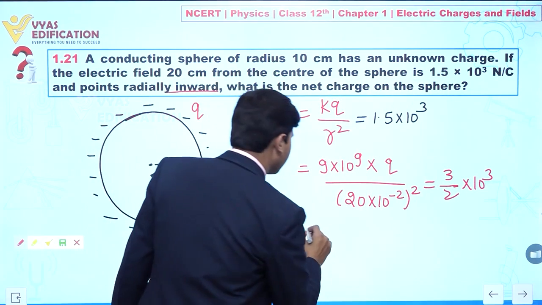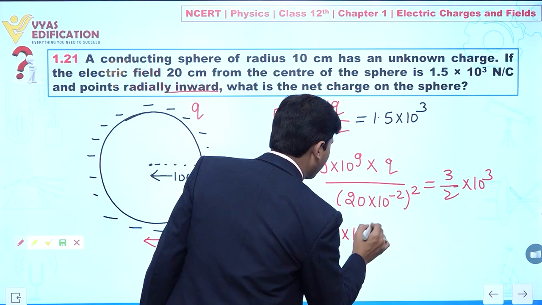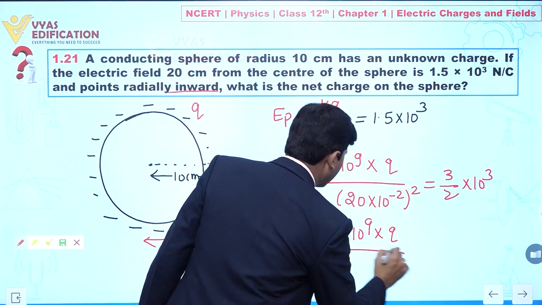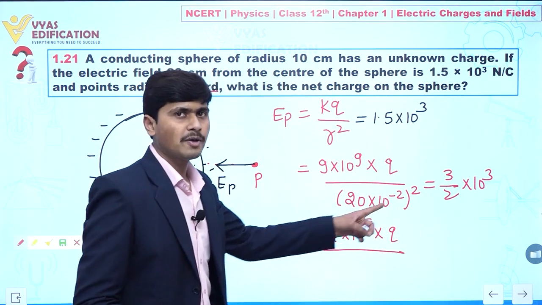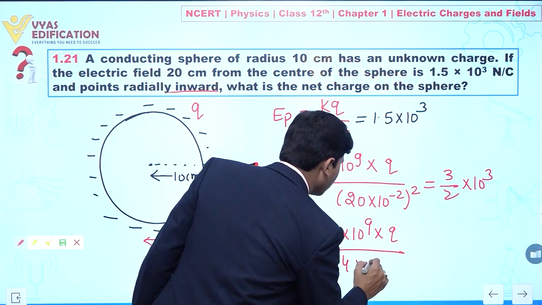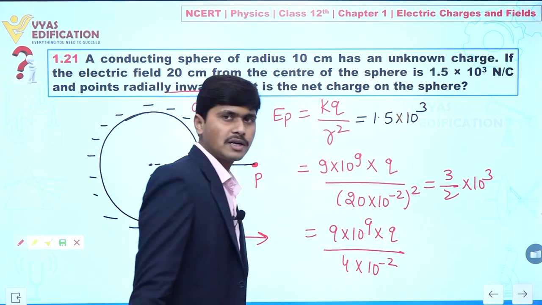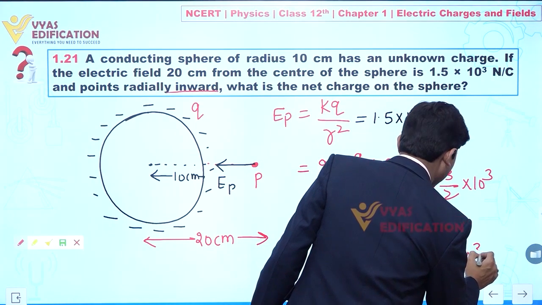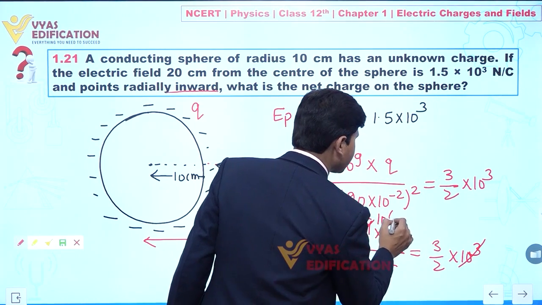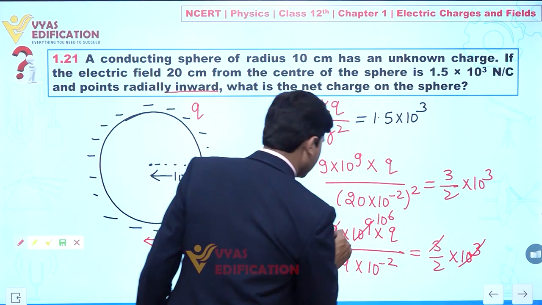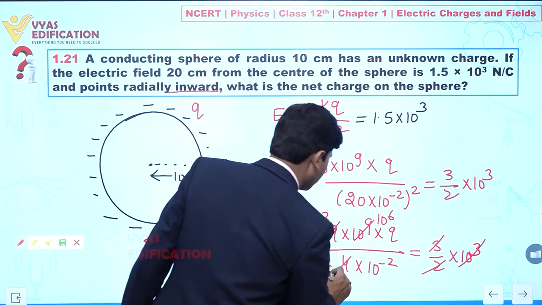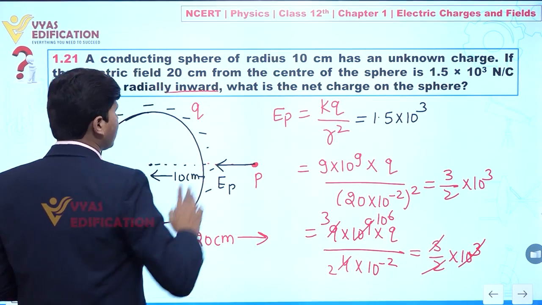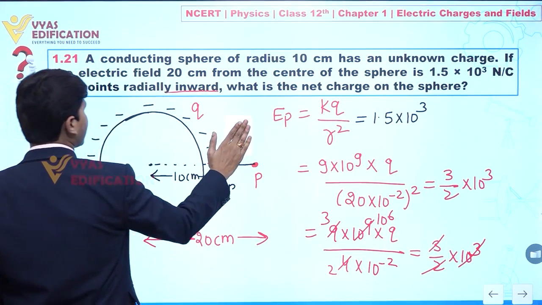From here we can say this is 9 into 10 to the power 9 into Q divided by 2 into 10 to the power minus 1 squared, so 4 into 10 to the power minus 2, and this should be equal to 3 by 2 into 10 to the power 3. We can say this is 10 to the power 6. Yes or no? We can say this is 3, this one we have 2. So how can we write value of Q?